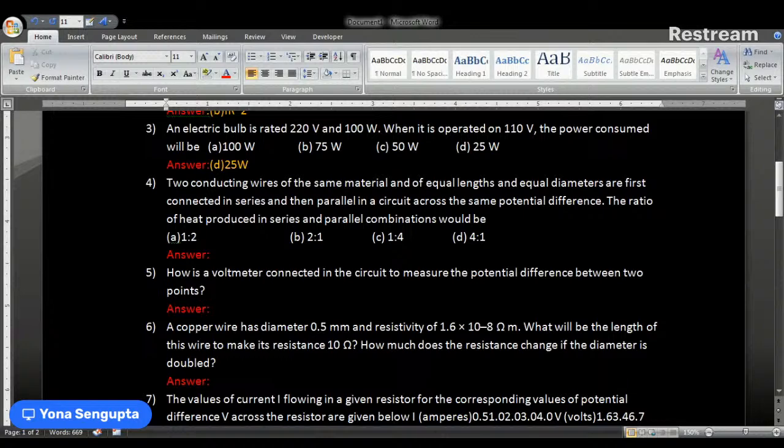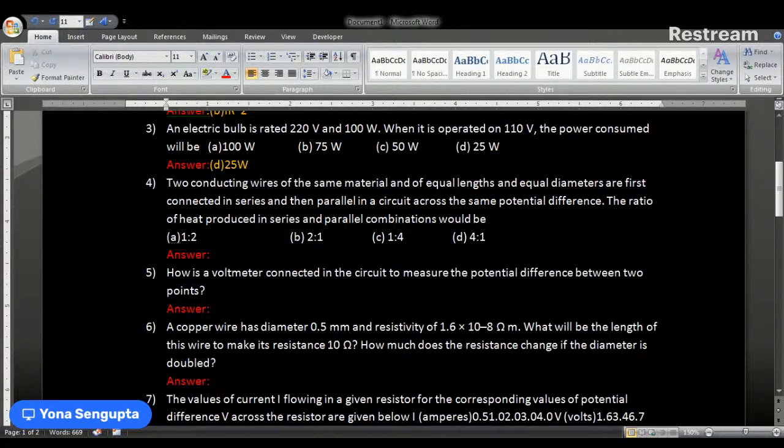In series we have V square by the resistance in series into time, that whole amount by V square by resistance in parallel into time. So it gives us resistance in parallel by resistance in series.